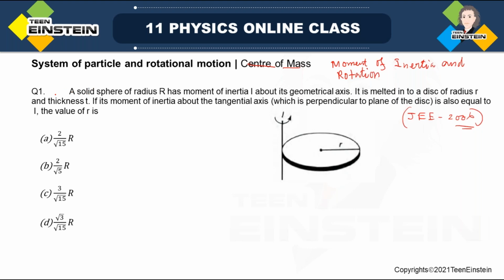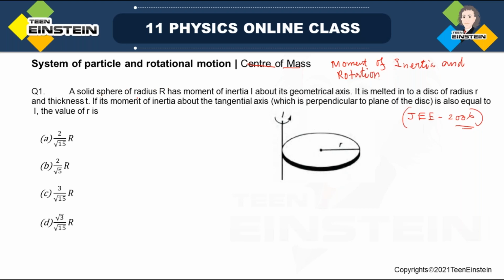The first problem says that a solid sphere of radius capital R has moment of inertia I about its geometrical axis. When this geometrical axis is said, what axis should you take? You should take the axis through the center of mass of the object.